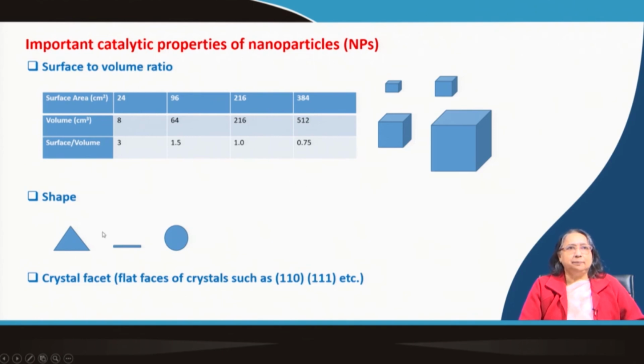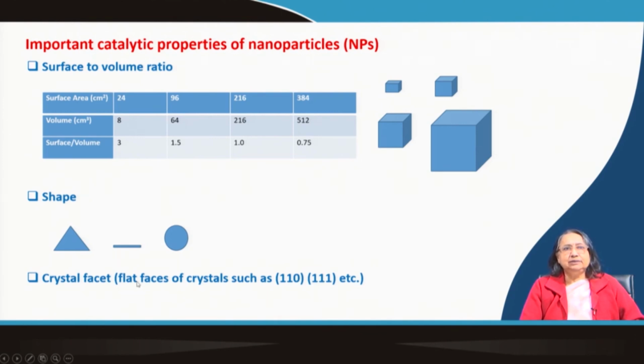Now, shape matters. Shape, say triangle shape or rod shape or spherical shape. Shape is also important, because the adsorption on different surfaces may be different. That is why, depending on shape, the catalytic property will also vary. Now, crystal facets.